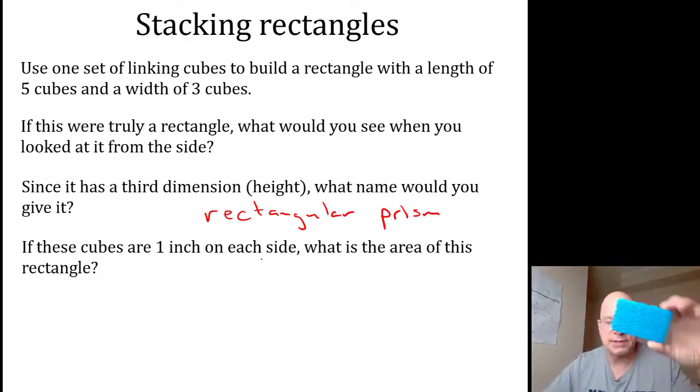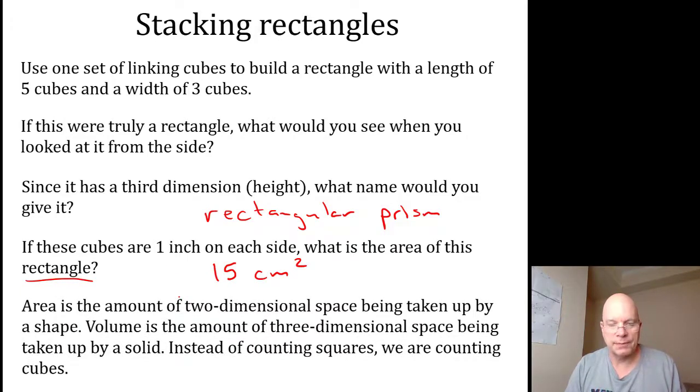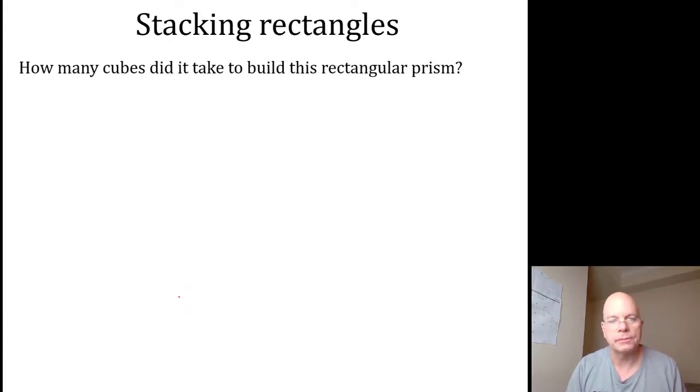The area of the rectangle would be 15 centimeters squared, because if we're talking about a rectangle, we're talking about a two-dimensional shape. But as we said, we're counting cubes, so it took 15 cubes to make the rectangular prism.